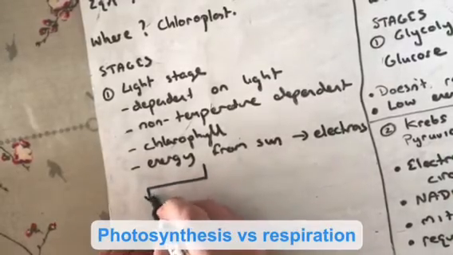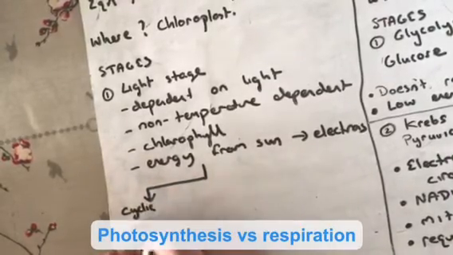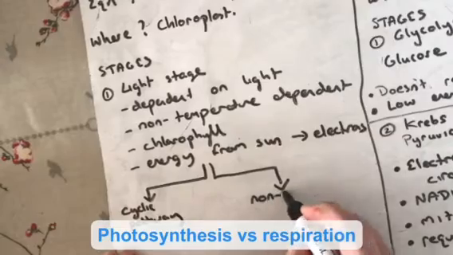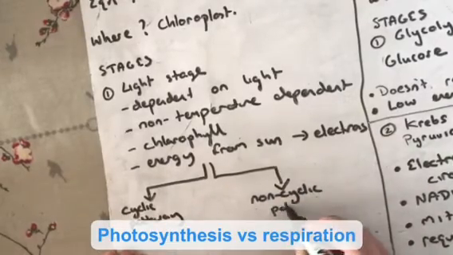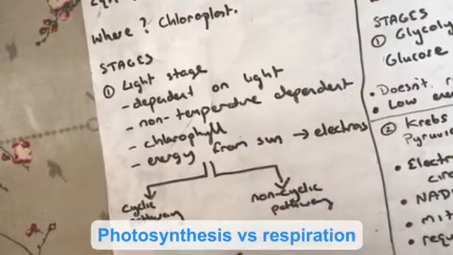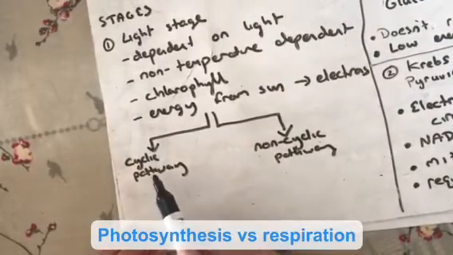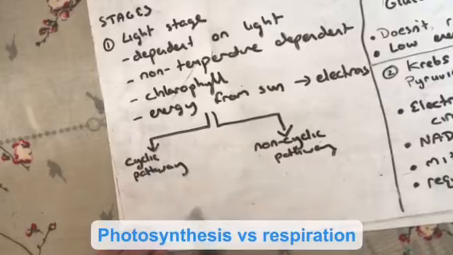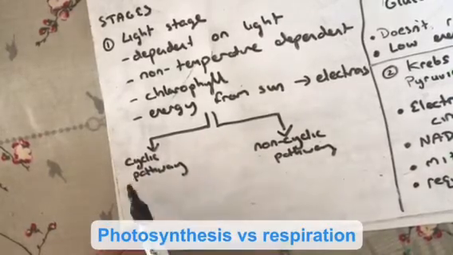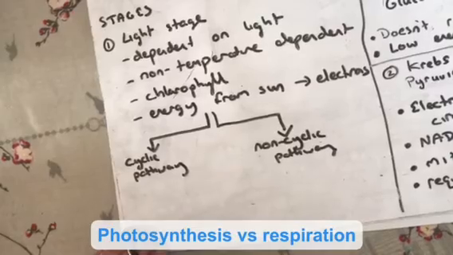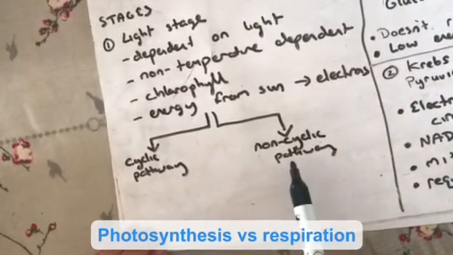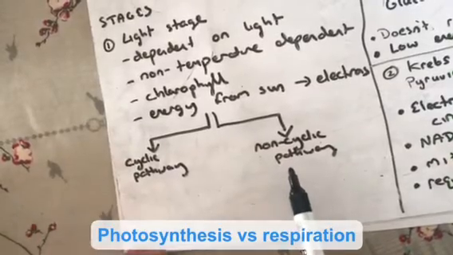They can go on a cyclic pathway, or they can go on a non-cyclic pathway. Your cyclic pathway is where one electron moves around a number of different electron accepting molecules in a circle and ends up with the same chlorophyll molecule that it left. It makes a number of ATPs along the way. Your non-cyclic pathway, just as the name suggests, does not go in a circle.